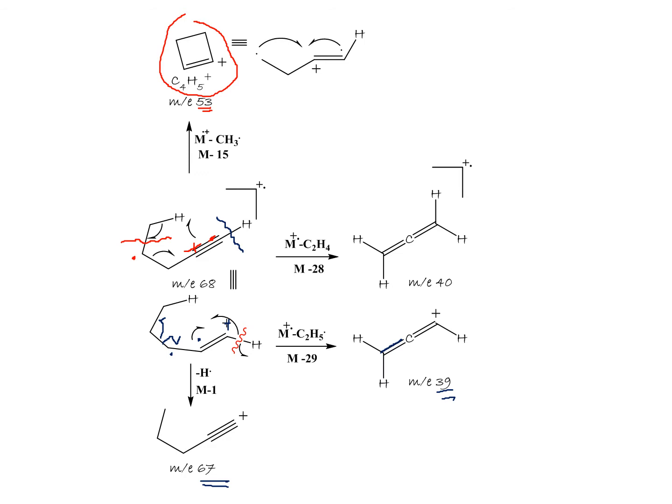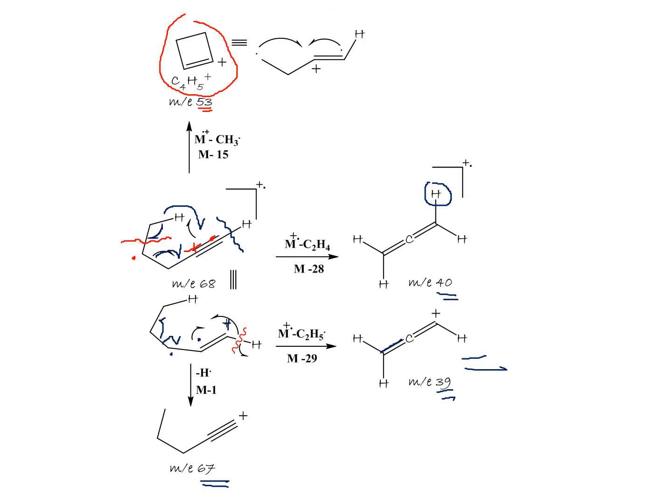If we take this electron with this hydrogen, followed by elimination, moving of this electron, and then moving of this electron, you get the H transfer, and the same as this one but with one more hydrogen, and that gives the peak at 40.